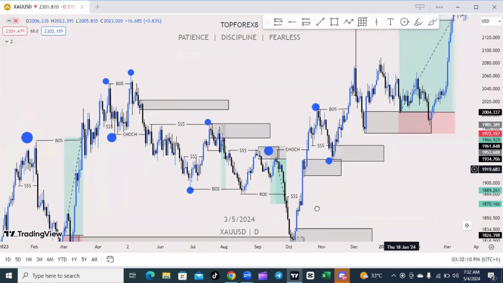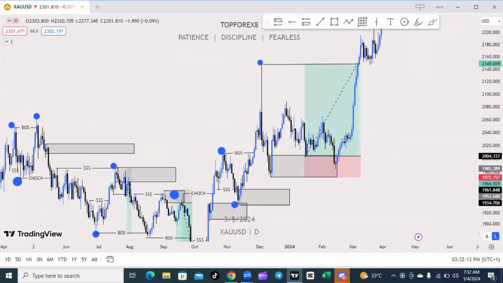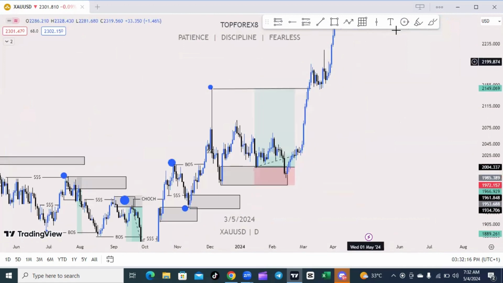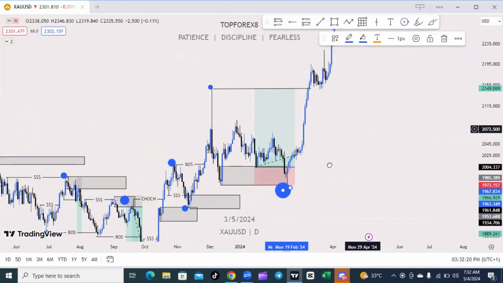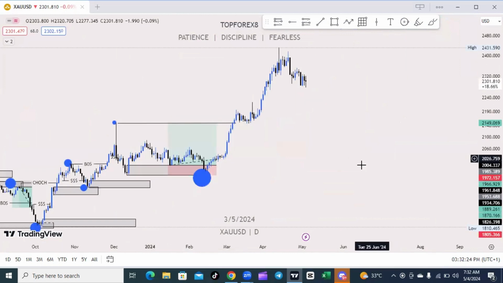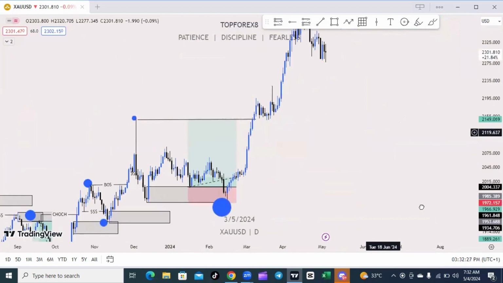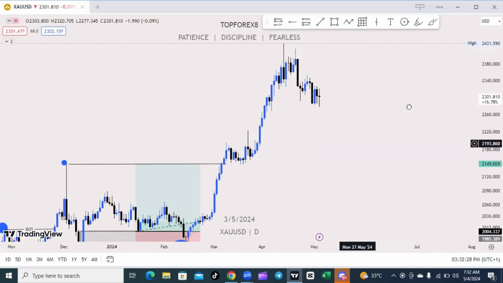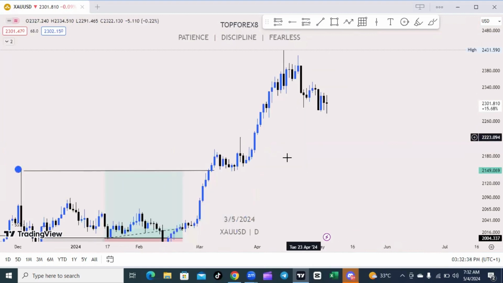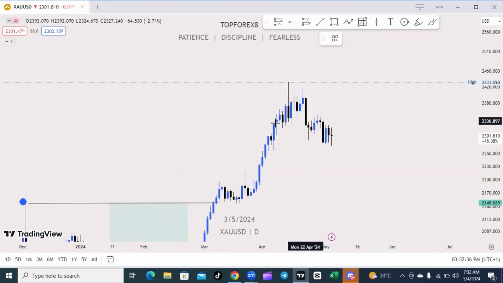So now when we have this breakout structure above, it means we have another higher low. Now it's up to us to have what? To have a higher high. This is good, don't forget. So before we can have a higher high, market needs to do what? You see, market just pulled back up. No pullback has been taken yet. Okay, good. So we have this pullback and up.